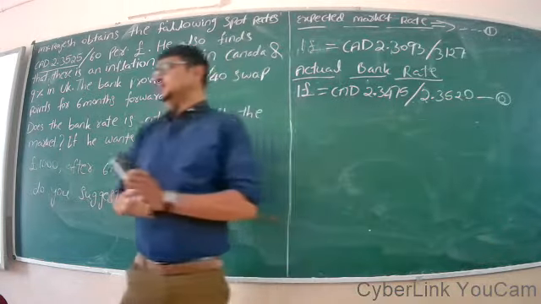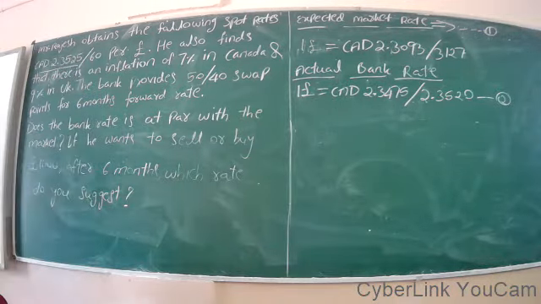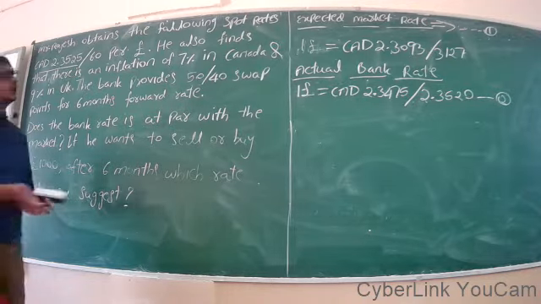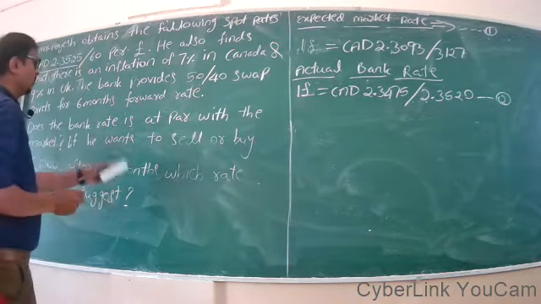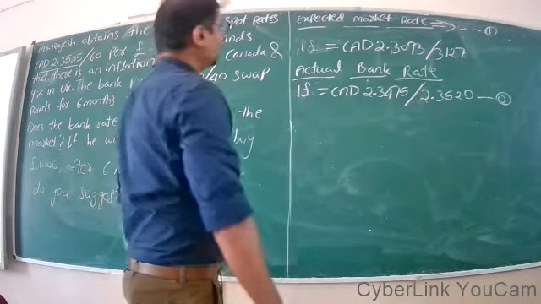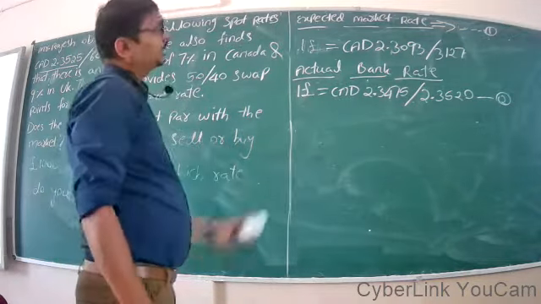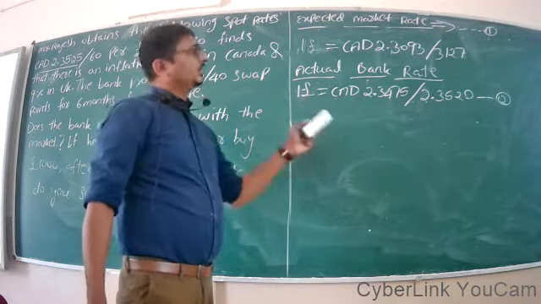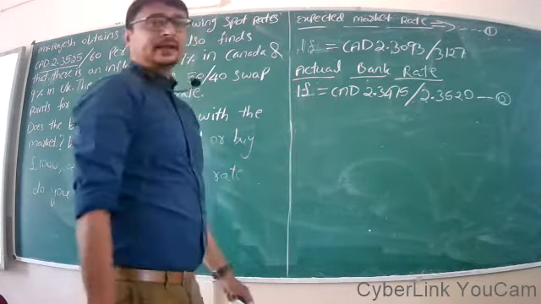Now they are asking to calculate in the problem, if he intends to buy or sell 1000 sterling pound, what happens if he buys it at the market rate and if he buys the same sterling pound at the bank rate.